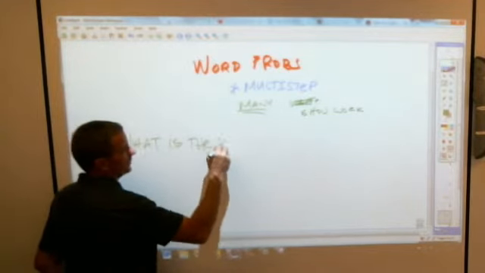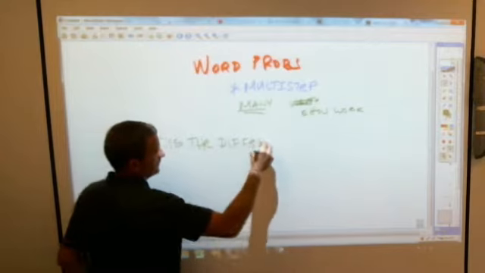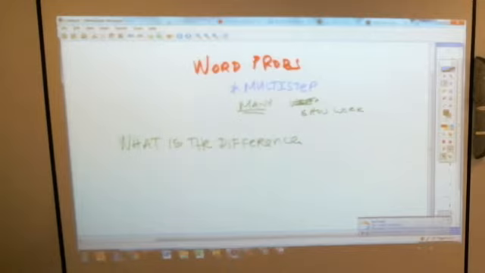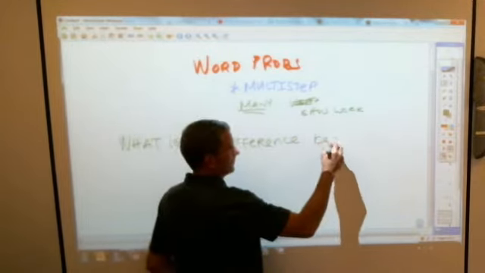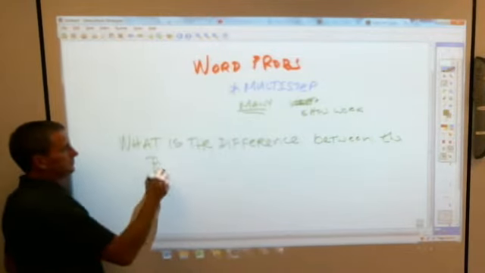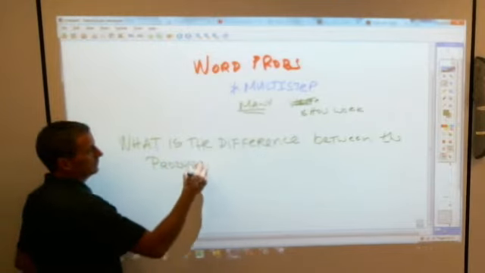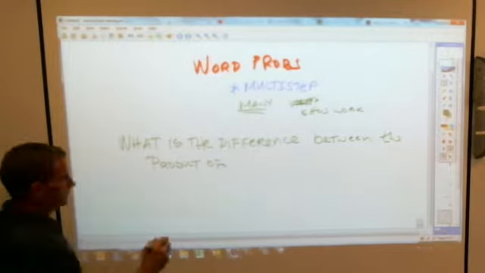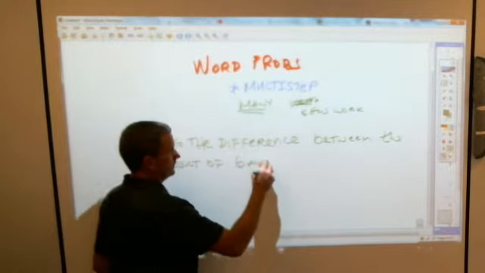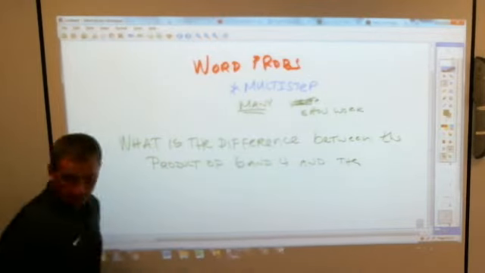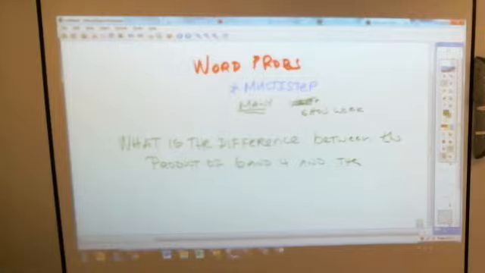What is the difference between the product of 6 and 4 and the sum of 6 and 4?